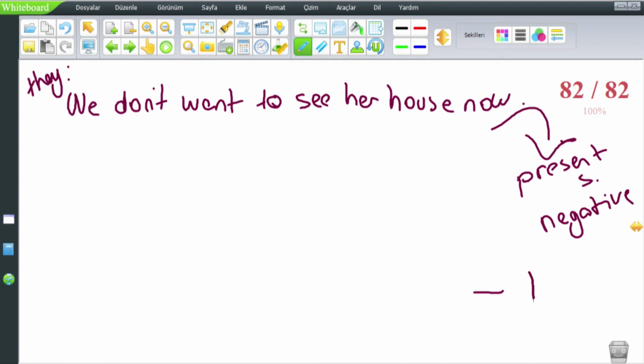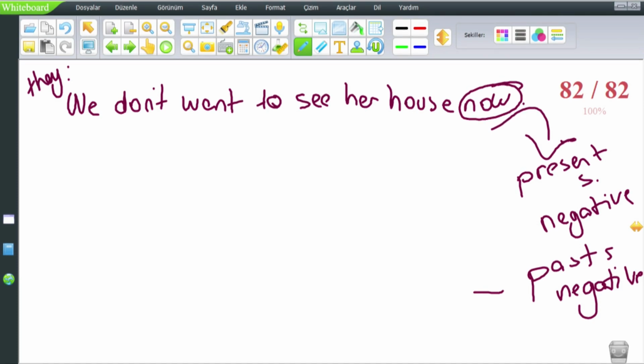So I will be using past simple negative. And also, I have a time expression at the end of the sentence.